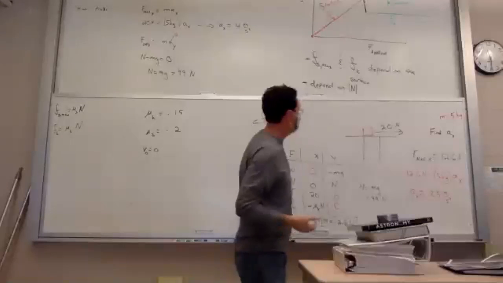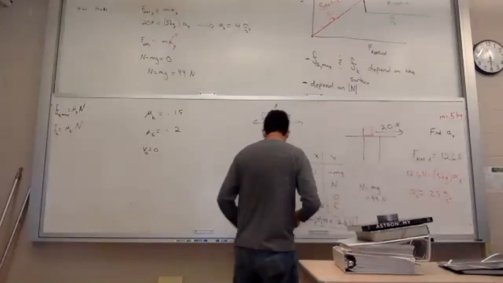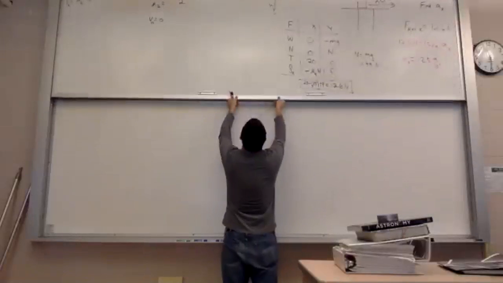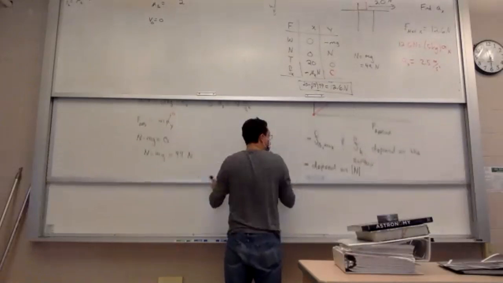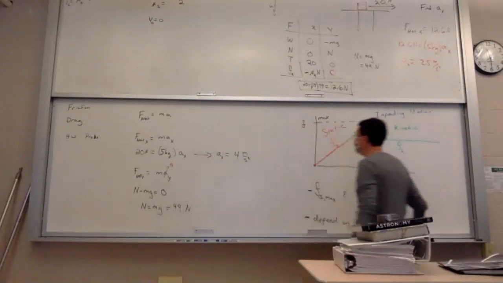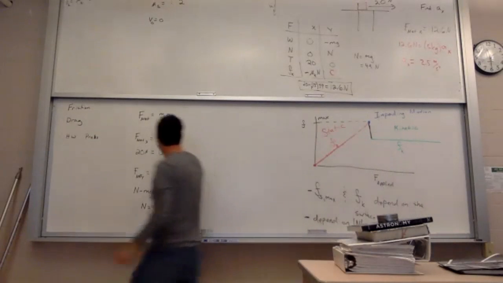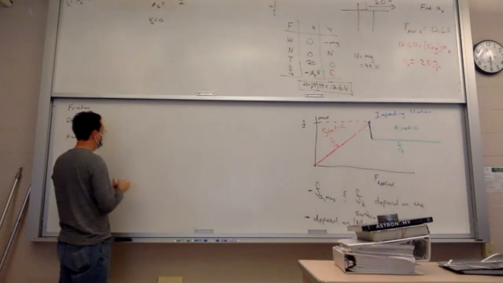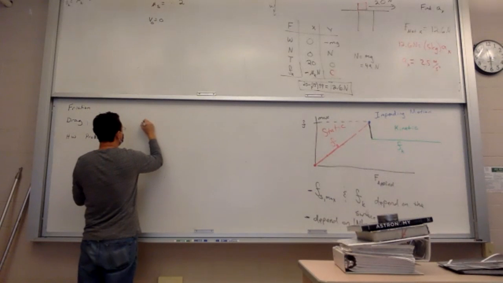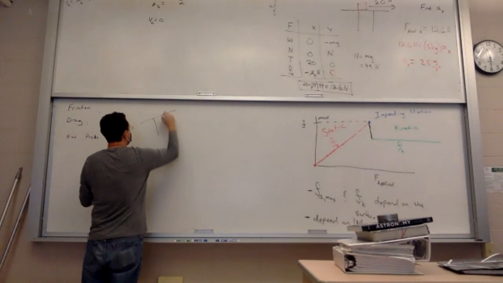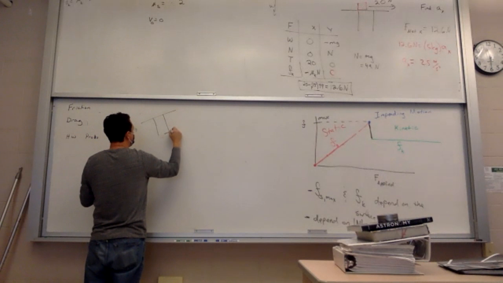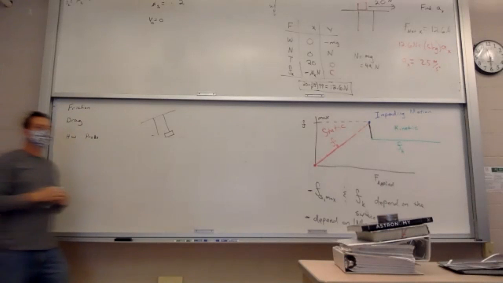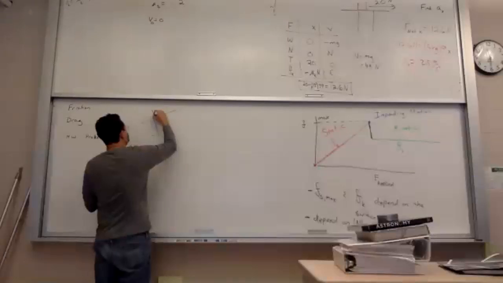Things that can complicate our lives are things like your obnoxious younger brother puts something under the table. So now it's tipped. And you have to solve the same problem.